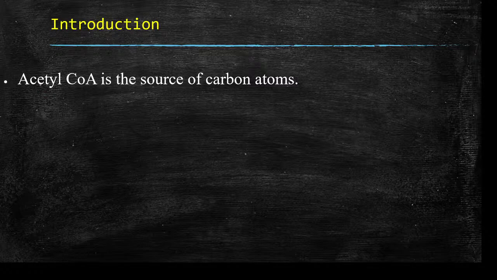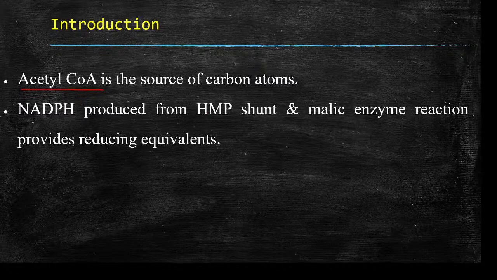The source of carbon atoms for de novo fatty acid synthesis is acetyl CoA. NADPH is produced from the HMP shunt and malic enzyme reaction. This is a very important component for biosynthesis of fatty acids, and its source is the HMP shunt and malic enzyme reaction.